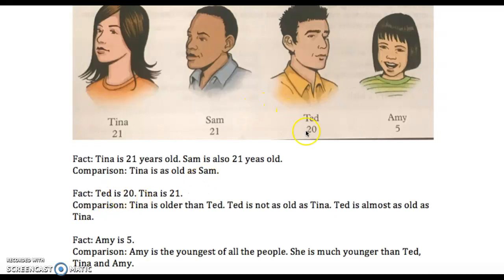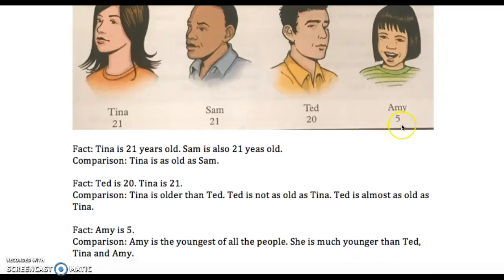Also, Ted is 20 and Tina is 21. We could say Tina is older than Ted. Ted is not as old as Tina. Or Ted is almost as old as Tina. These are all ways to compare these two people.